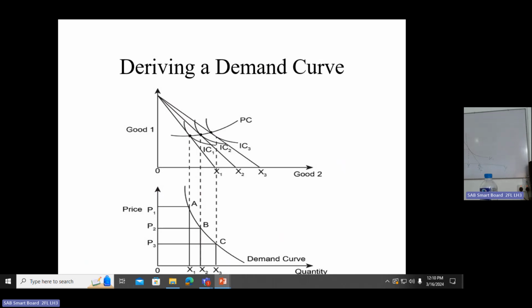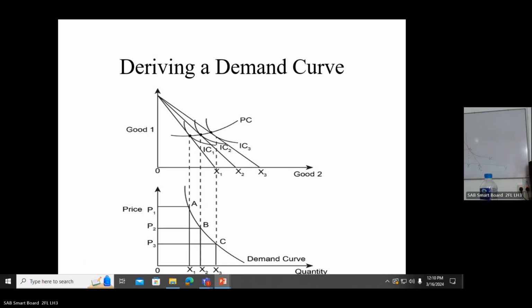So this is the equilibrium where MRS equals the price ratio, the marginal rate of substitution.